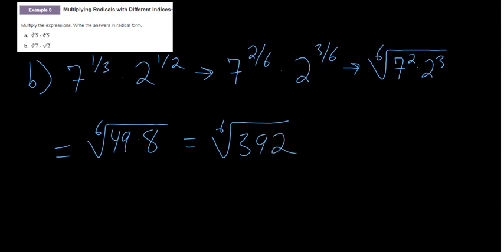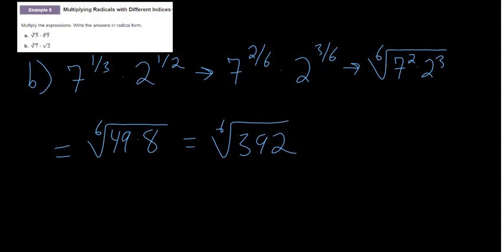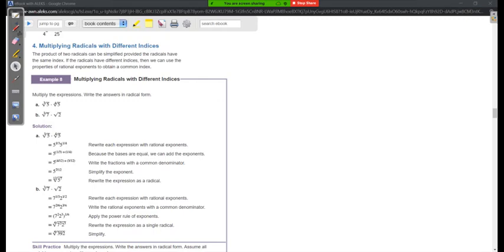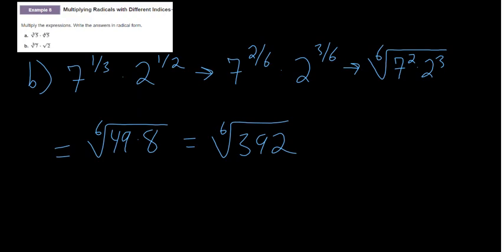And the sixth root of 392, I'm just going to stop there, because I don't know if there is a perfect sixth root inside 392, and so I'm not even going to try. And luckily, it looks like there is not. Alrighty, that does conclude today's lecture.